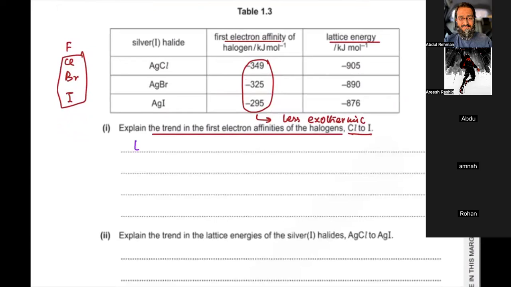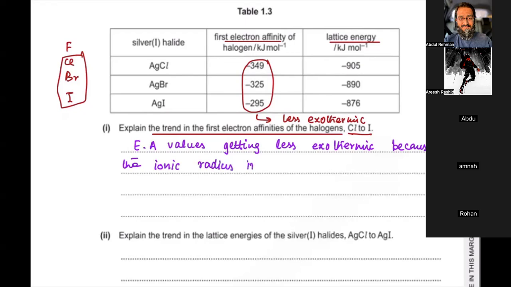So, electron affinity values getting less exothermic because the ionic radius increases. And it's for 2 marks, right?